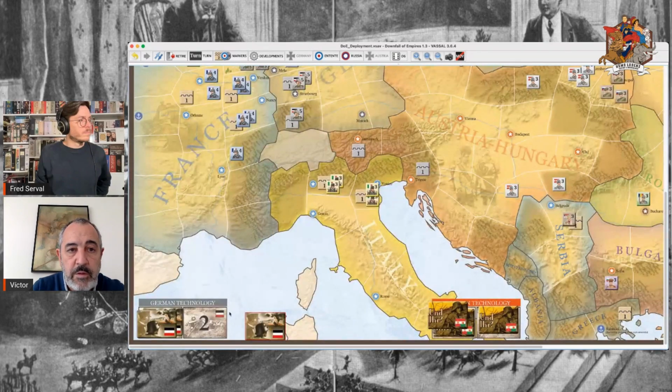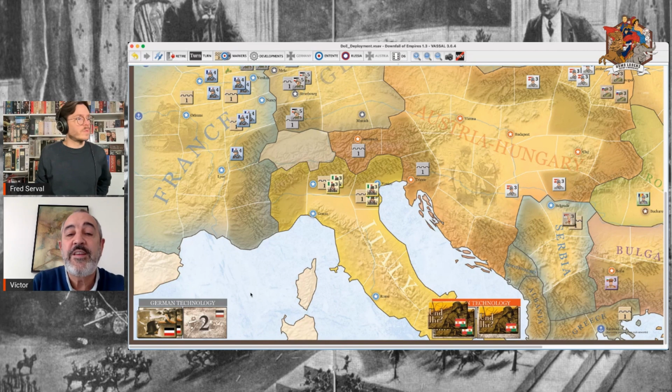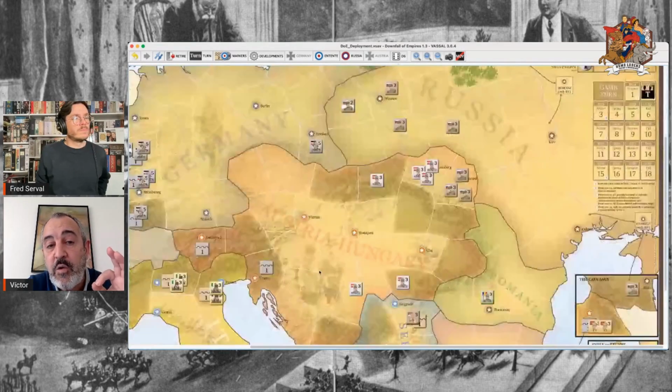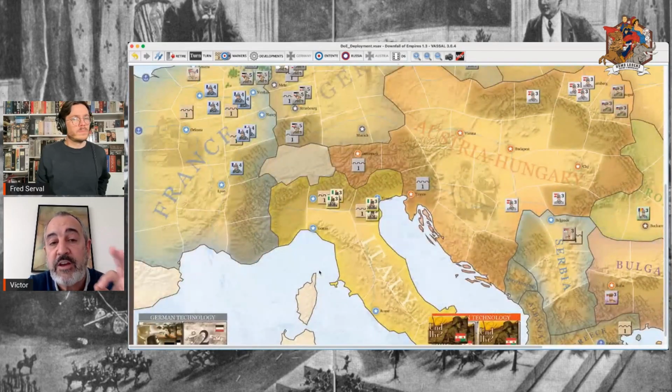I flip it, and I have offensive. This is a change from the first version of the game. You asked me before what the differences are. Offensive allows you to make one free activation action once a year. You will see now.